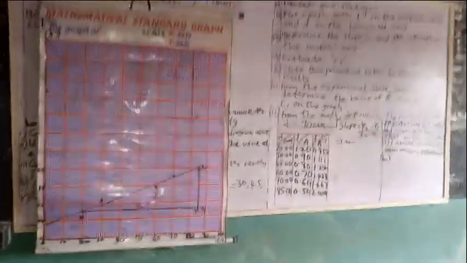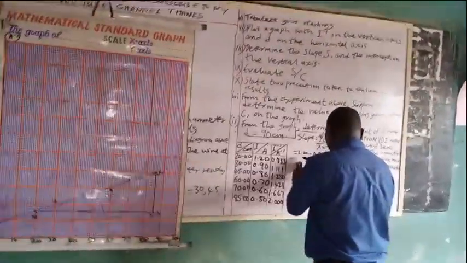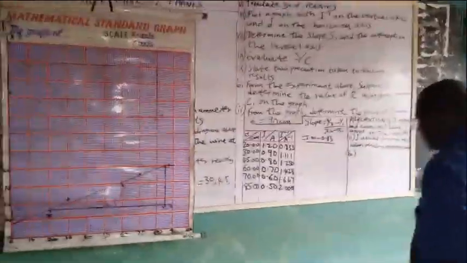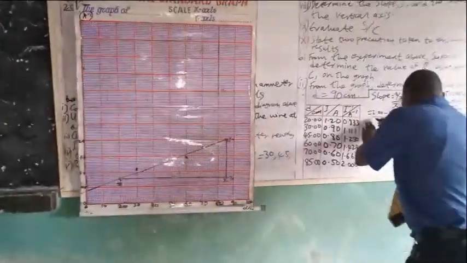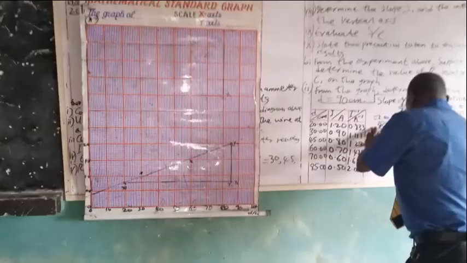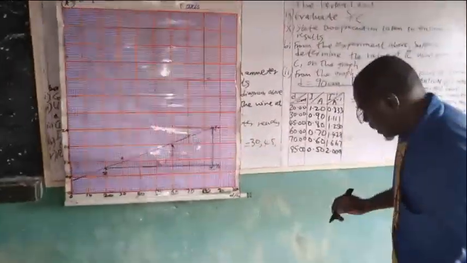Value of y1 is 0.83. Value of D2 is 85. Value of D1 is 20.